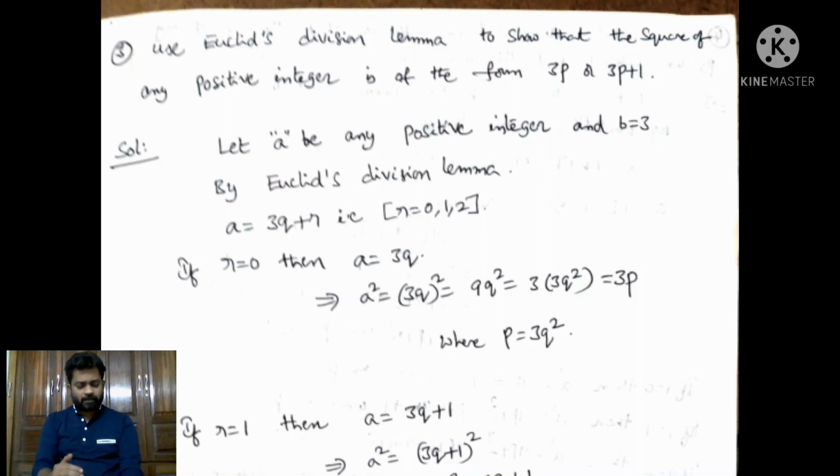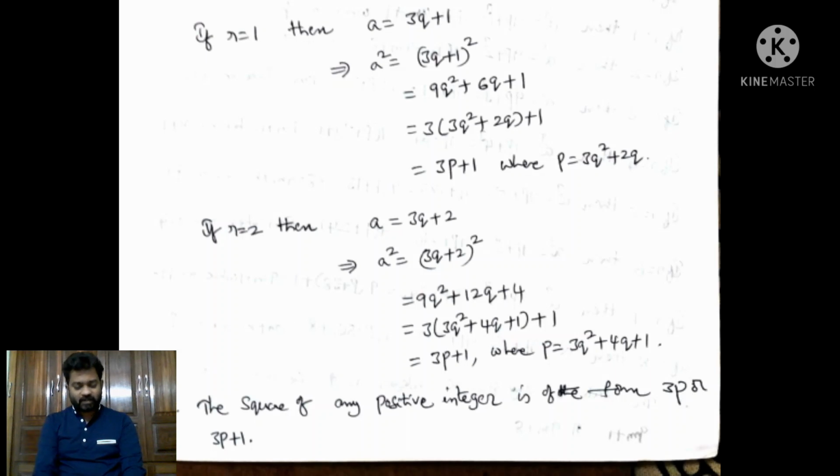Next, if r equal to 1, then a is equal to 3q plus 1, squaring on both sides. A square equal to 3q plus 1 whole square. This is in the form of a plus b whole square. What is the formula for a plus b whole square? a square plus b square plus 2ab.